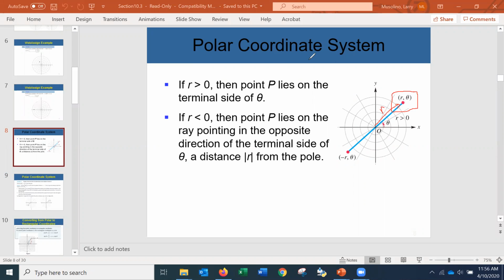But if you wanted to plot negative r comma theta, instead of walking to the upper right, you would turn around and walk in the opposite direction, a distance of r that I'm showing with this blue line. Okay, so here's what they say. If r is negative, then the point you want is on the ray pointing in the opposite direction of the positive r value.